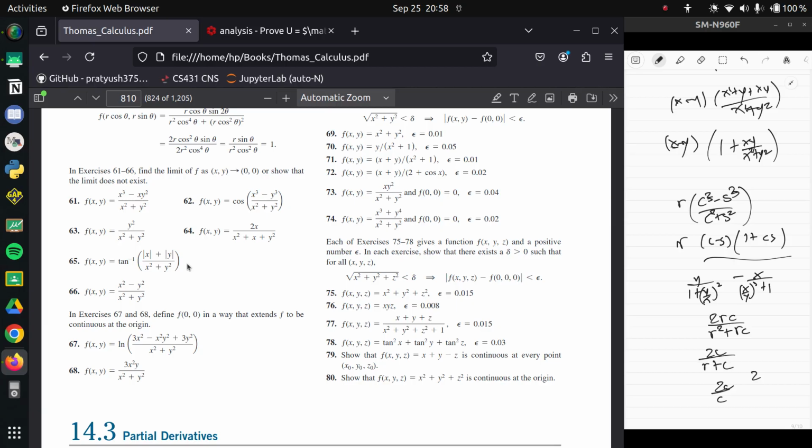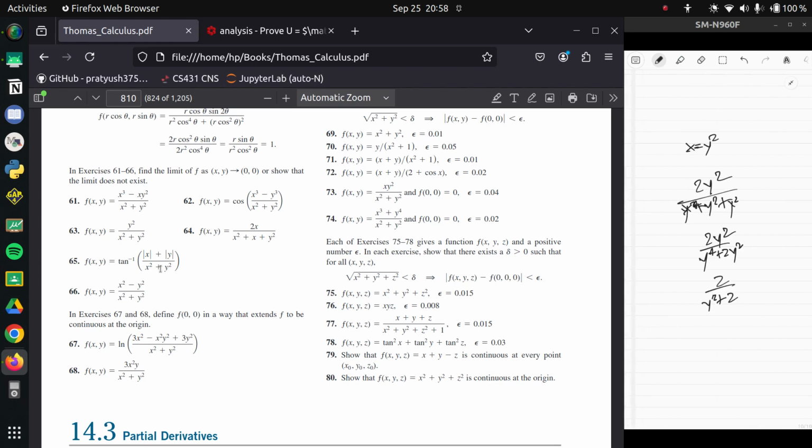I see. So you shouldn't just put r equal to 0. The 0 by 0 value is problematic, isn't it? So yeah, it does not exist. That's the thing, and you can't just say it's 2. Okay, what about this one? Mod x plus mod y upon x plus y square. Yeah, you can see it's not going to exist, but still.